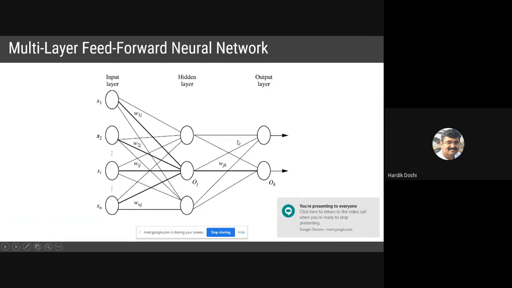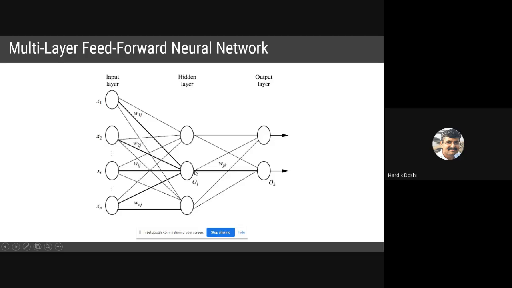Over here, if you check very carefully, W1J is the weight for this particular connection. I told you earlier, weight. W1J is the weight for node 1 at the input layer and node J at the hidden layer.